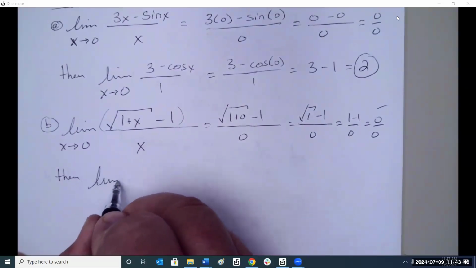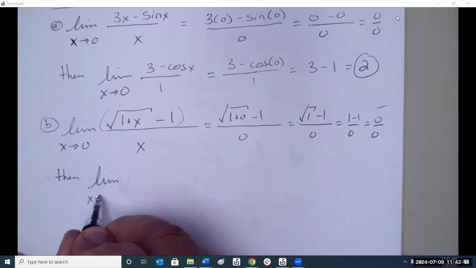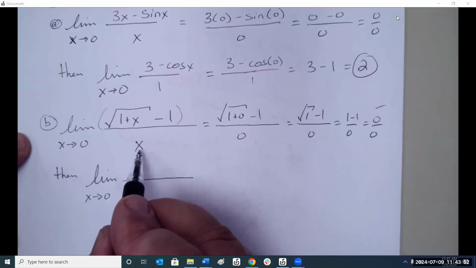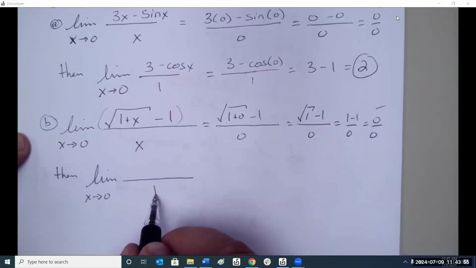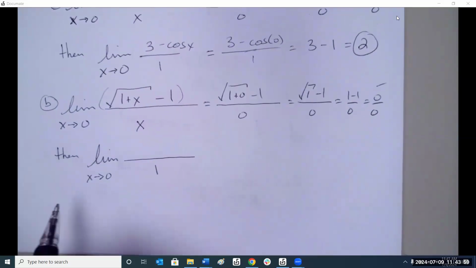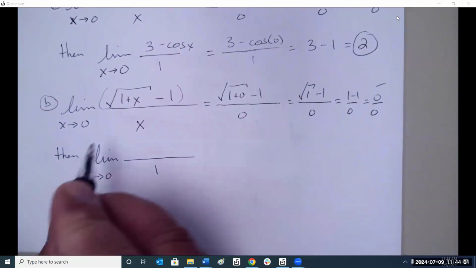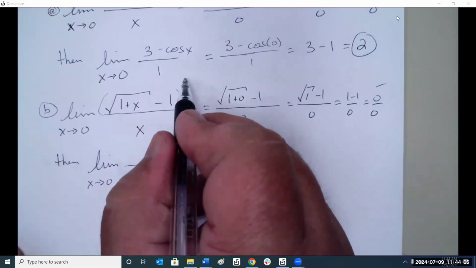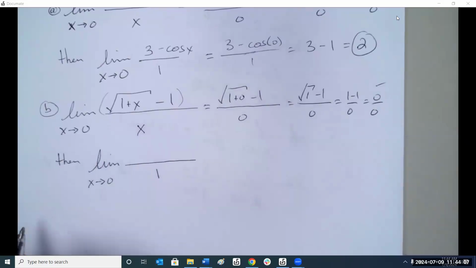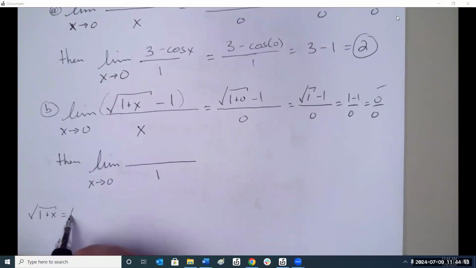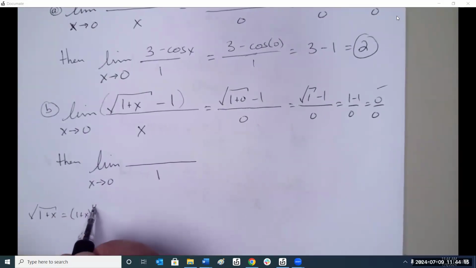Then the derivative of the denominator is 1. So in the numerator, the derivative of the minus 1 is 0, so that one's gone. So we have the derivative of the square root of 1 plus x, which is 1 plus x to the power 1/2.